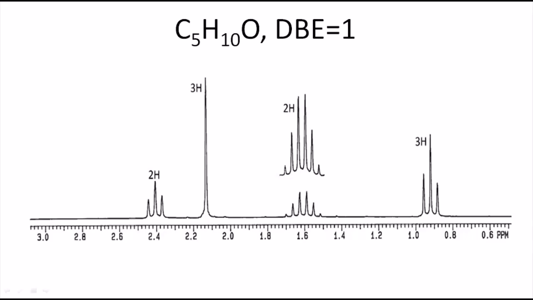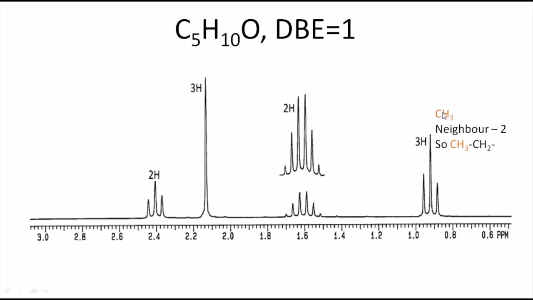First signal, you can see this is a signal around 0.9, which splits into 3. Therefore it is a triplet. It has 3 hydrogen. A 3 hydrogen signal which splits into 3. What would be the possibility? It is CH3, because it has 3 hydrogen here.